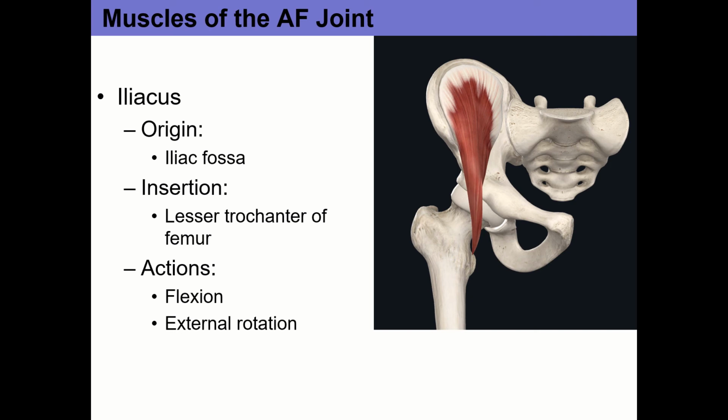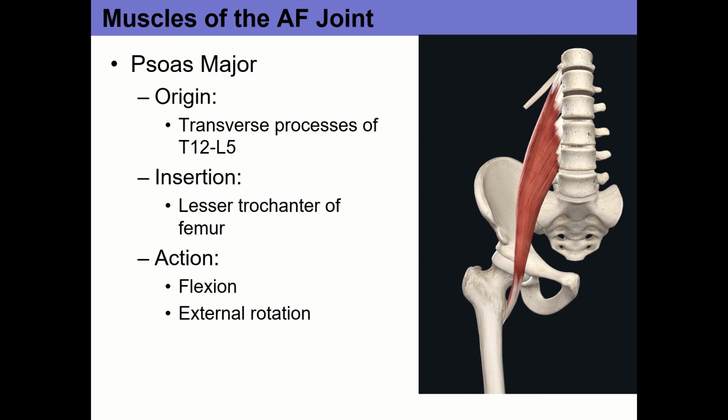And then typically, it is partnered with the muscle that it works very closely with because the two bellies actually run together, and they insert at the same spot. So it's typically discussed with its partner psoas. Psoas major, I should say, because there is a minor. Minor is just a low back muscle. But psoas major originates from those transverse processes of T12, so the lowest of the thoracic vertebrae, and then all the way through the lumbar section. So you got 5 lumbar or low back vertebrae, and it originates along each of those.